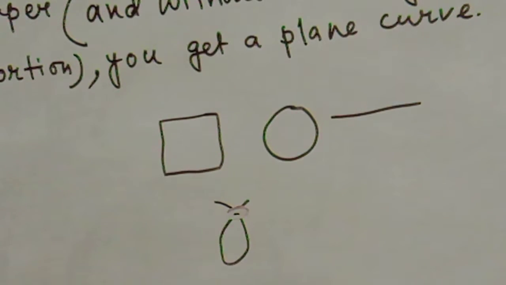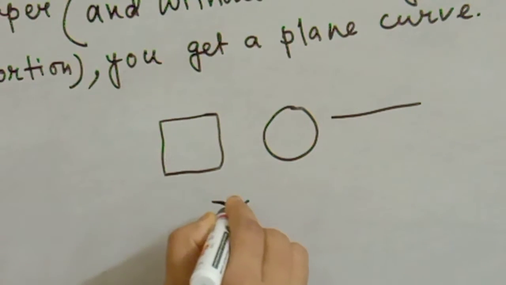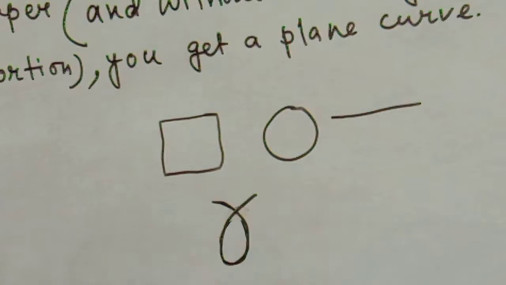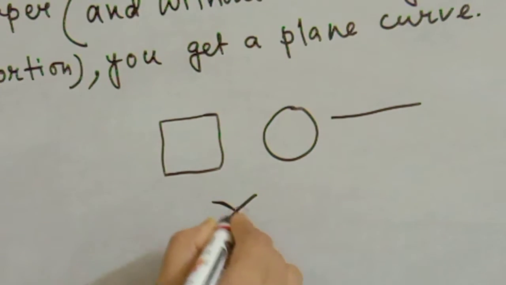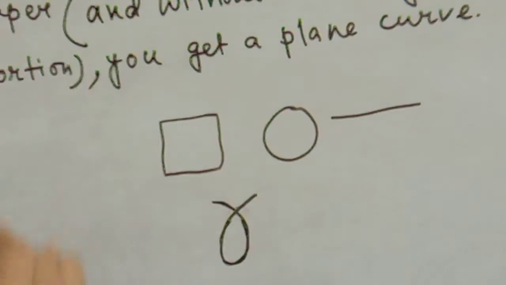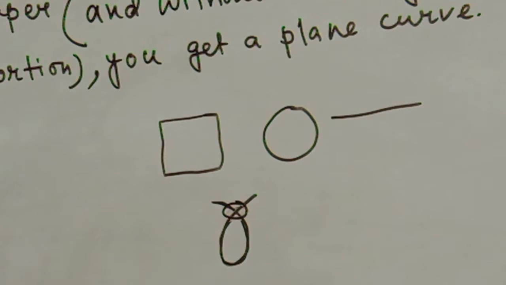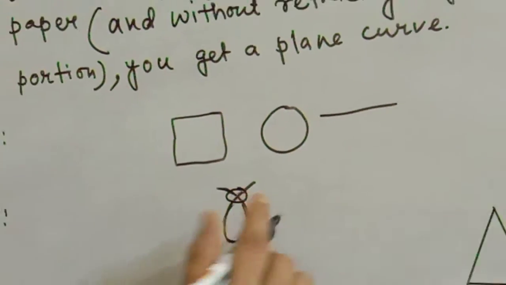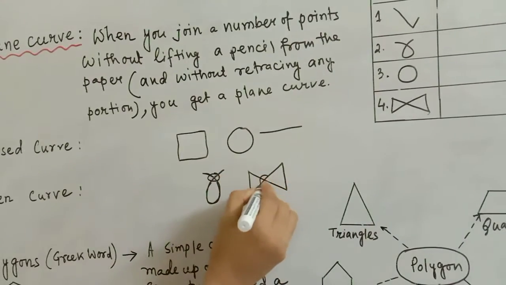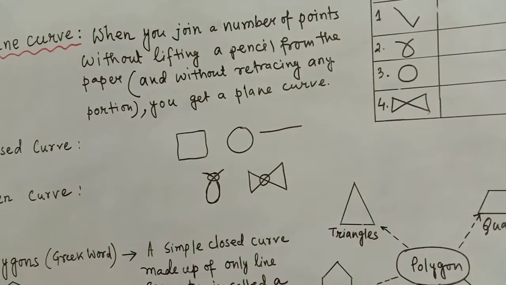When we are drawing this kind of curve, it is without lifting the pencil from the paper, but see, this is a retracing portion. So this is not a plane curve. Understood? If I draw this kind of plane figure also, you can see a retracing part is there. So these are not plane curves.